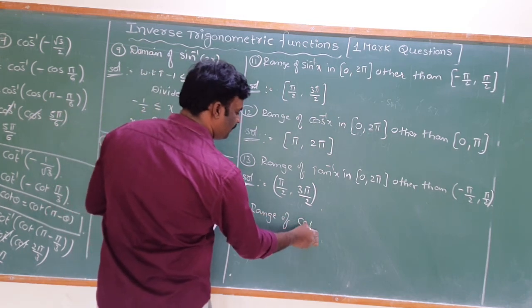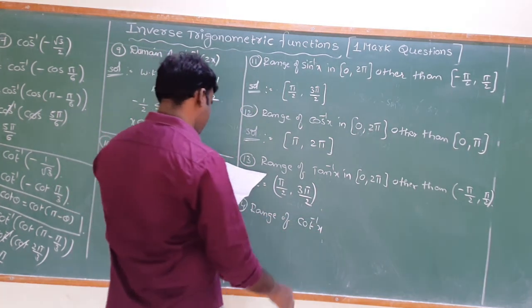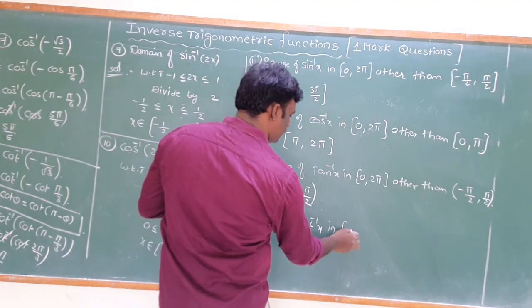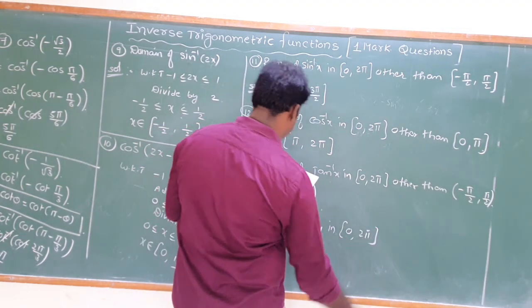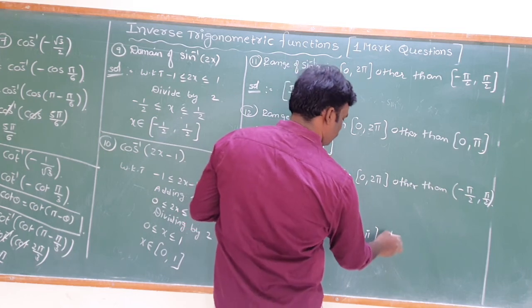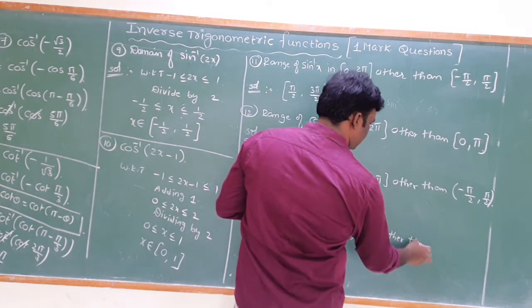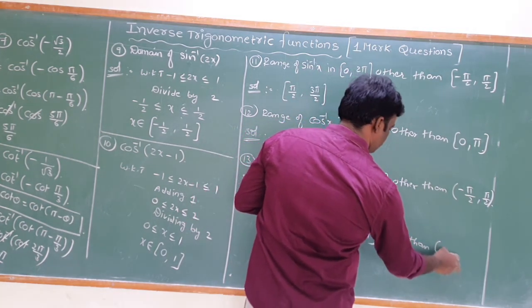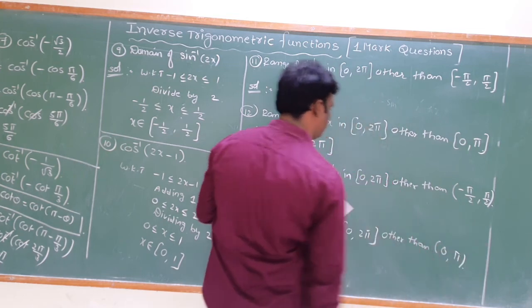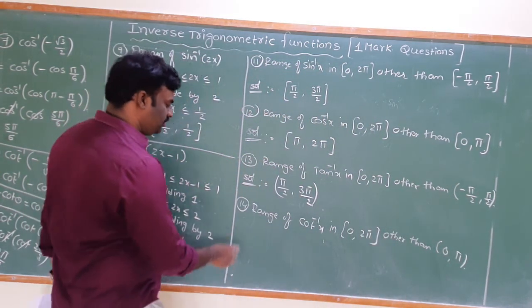Last question: range of cot inverse x in the interval 0 to 2 pi, other than 0 to pi. Other than 0 to pi, we need to find the range.